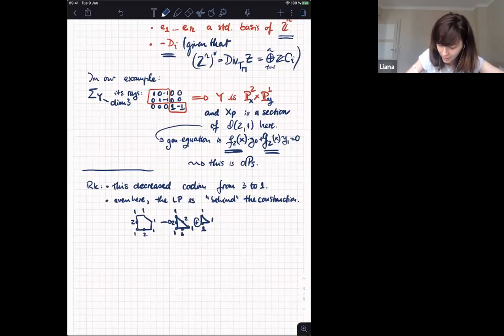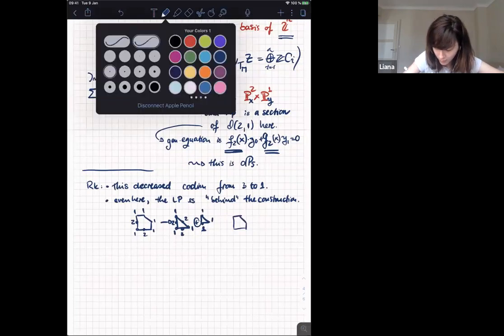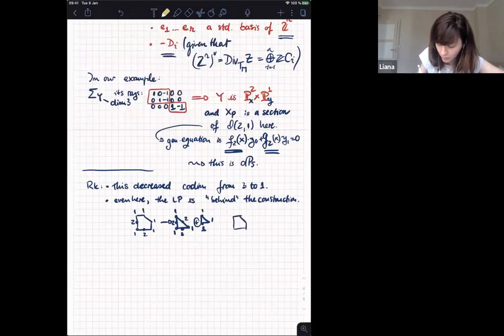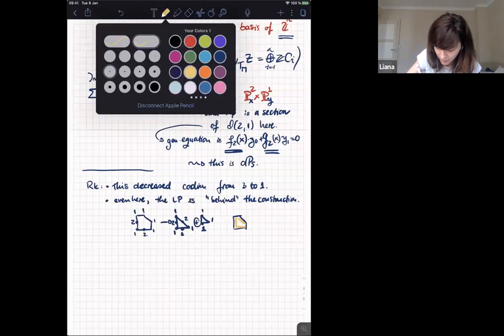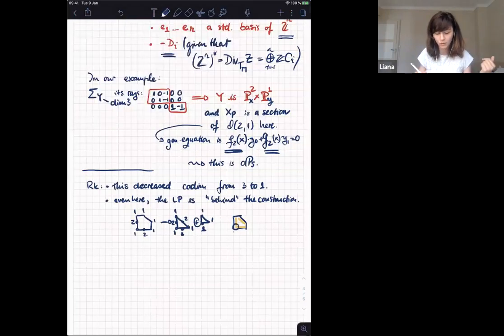You could not have done something like, for example, use a polytope that looks like this, use a polytope that looks like this, and use a polytope that looks like this. Even if their convex hull does give the whole thing, the construction would not have worked. Mostly because this guy here would be 2 instead of 1. So you always have to have 1 at corners.